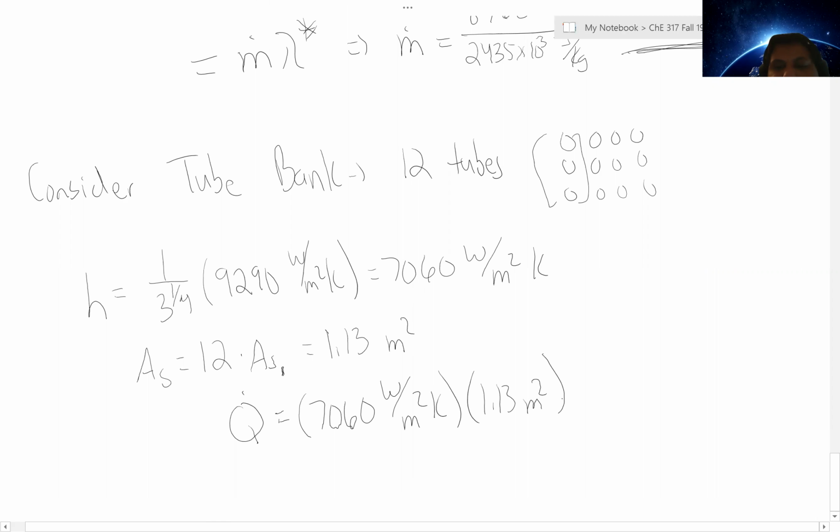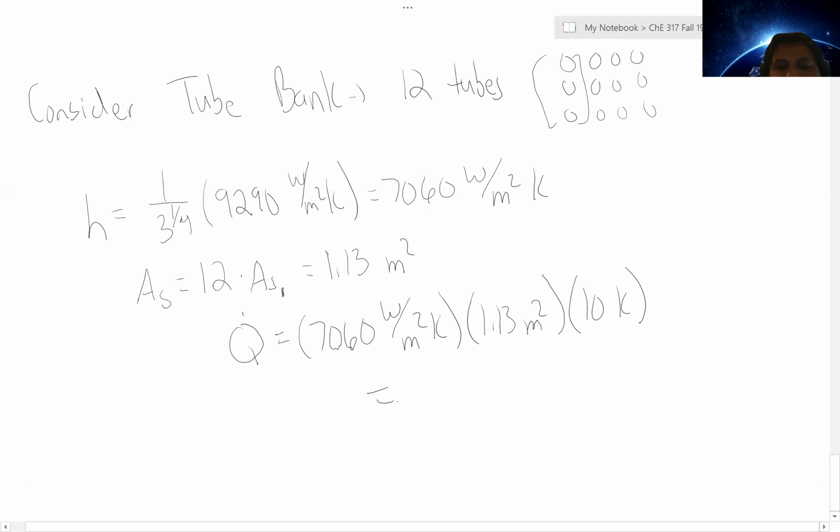Because we have more tubes. And so for this system, our Q would be close to about 79,850 watts, which would make our condensation rate about 0.033 kilograms per second.